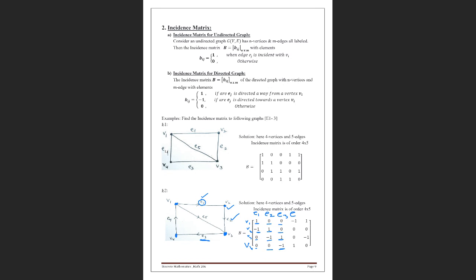Now see this E4 here, in here at V1, so V1 here -1 and out from V4, so V4 here +1 and the rest is 0. Same here E5. See E5 here, in this side, in here at V3, so V3 -1 and out from V1, so V1 here +1 and the rest is 0 this way.